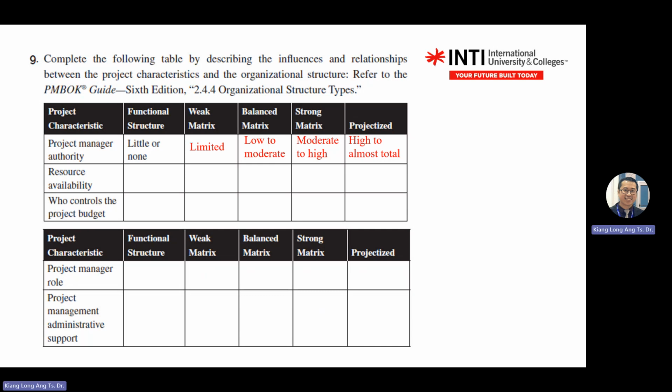Resource availability, functional structure is little to none, and as you move towards projectized, you have more resources. Who controls the project budget? This one asks you who, so don't put little or high. If you put little, then it's a wrong answer already. Who controls budget? Functional is functional managers.